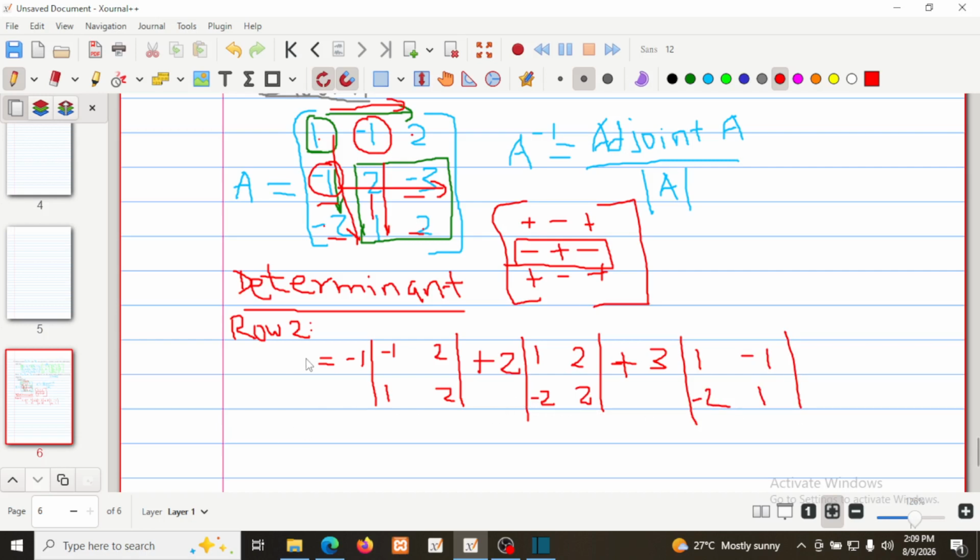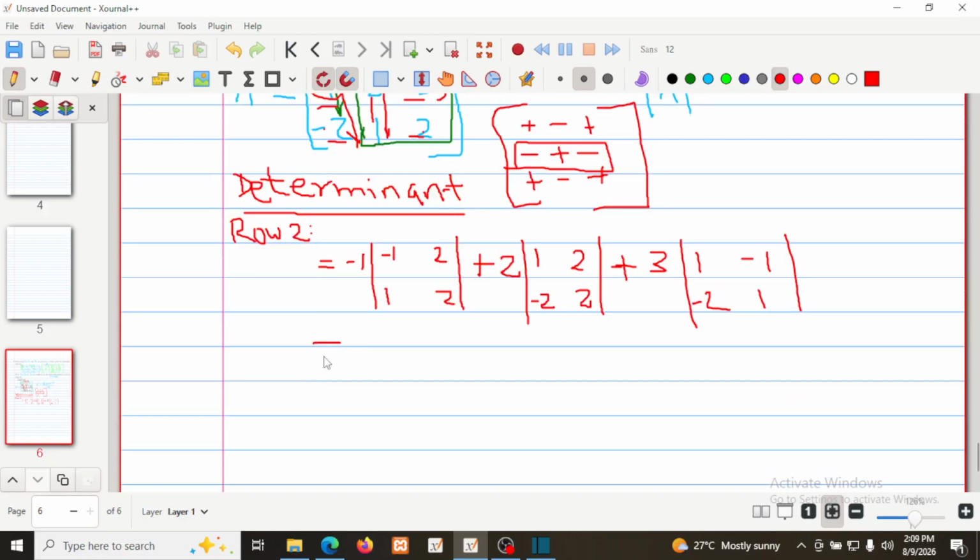What will happen next? Let's calculate. We have negative 1, but remember we had a negative sign, so this one will be positive. So 1 into, then we calculate negative 1 times 2 minus 2 times 1. This gives us negative 4.